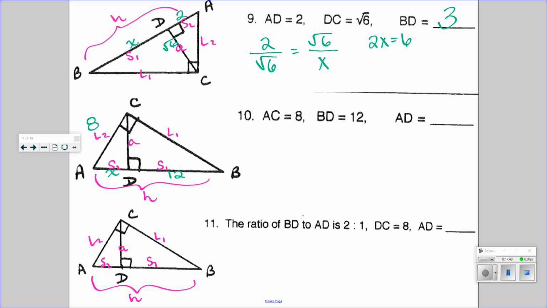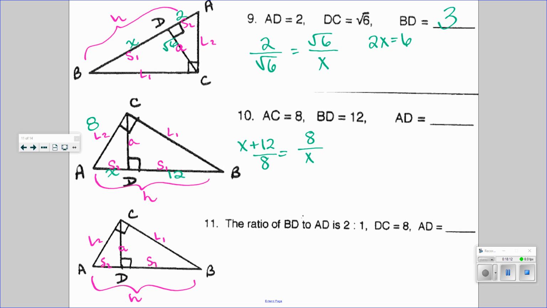We just have a leg, which means you have to use that leg proportion, where 8 is your geometric mean. That is our leg 2, which means we need the hypotenuse. How could you write the hypotenuse? And then x for your segment.